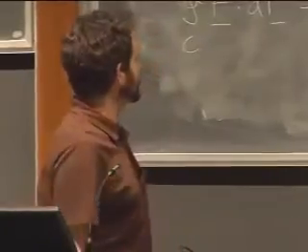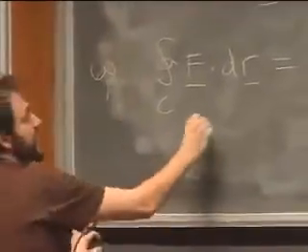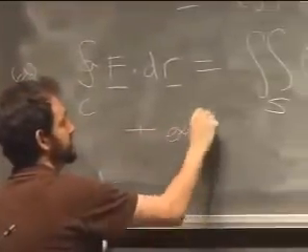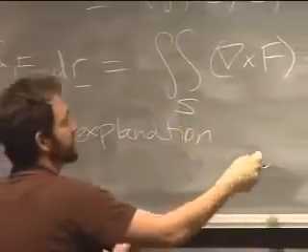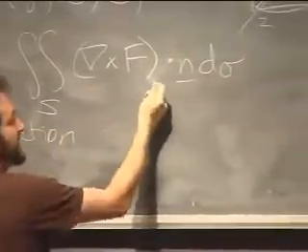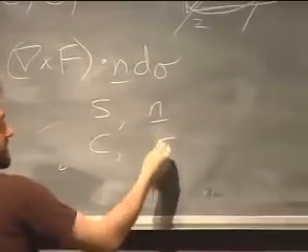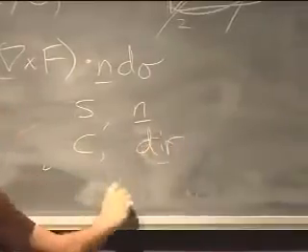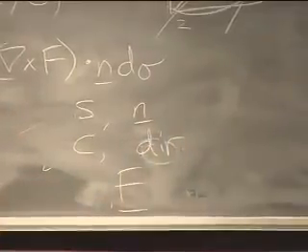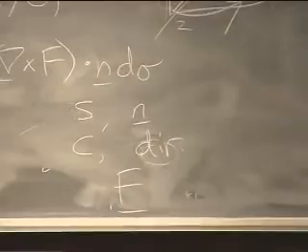So actually, I'm sort of ahead of myself. This is what I need for part A, that plus explanation, as I described. And the explanation, just by way of summary, you need to say what S is, what n is, what C is, what the direction is, and you need to say something about F. Okay.